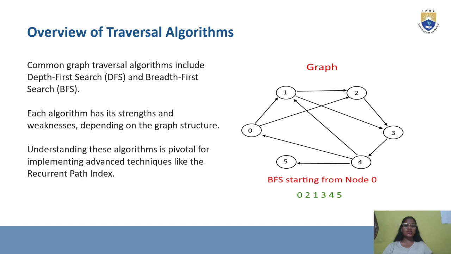Understanding these algorithms is pivotal for implementing advanced techniques like the recurrent path index. Now, as we can see here, BFS starting from node 0 in this graph, and 0, 2, 1, 3, 4, 5 is the order.